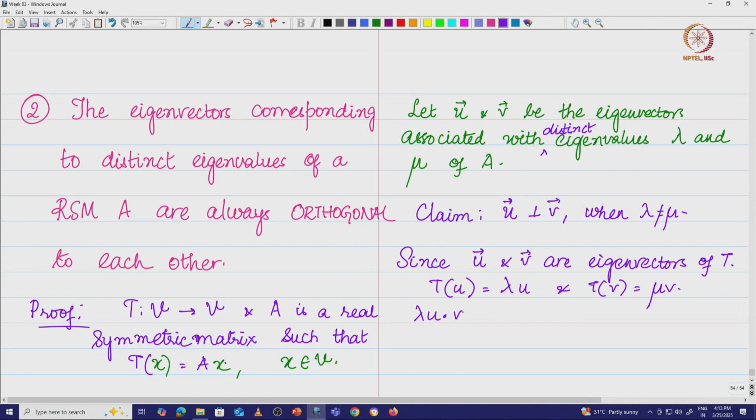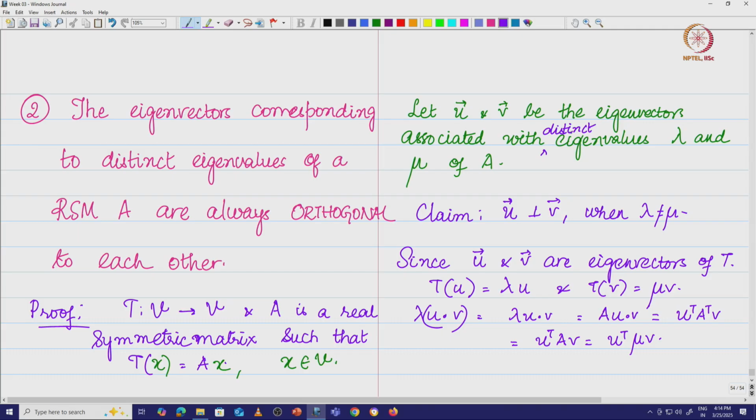Lambda times u dot v is nothing but u transpose A transpose into v, which is nothing but u transpose into A v, which is nothing but u transpose into mu v, right.